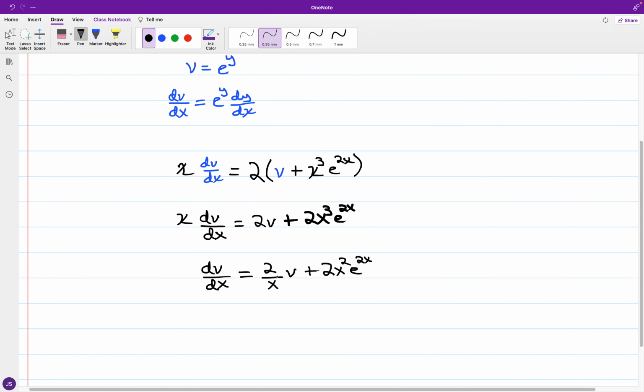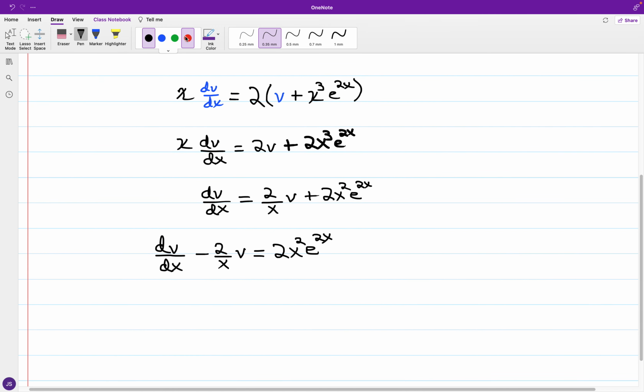And if you notice, we're going to have a first order linear equation for v. Just getting the v terms on the left hand side, moving the 2 over x times v, I have dv over dx minus 2 over x times v is equal to 2x squared times e to the 2x.